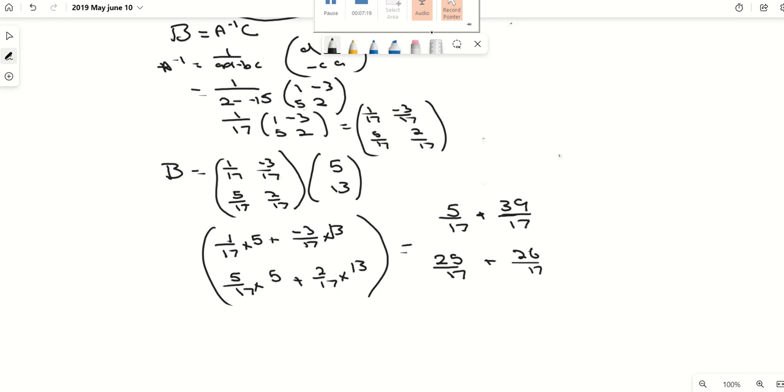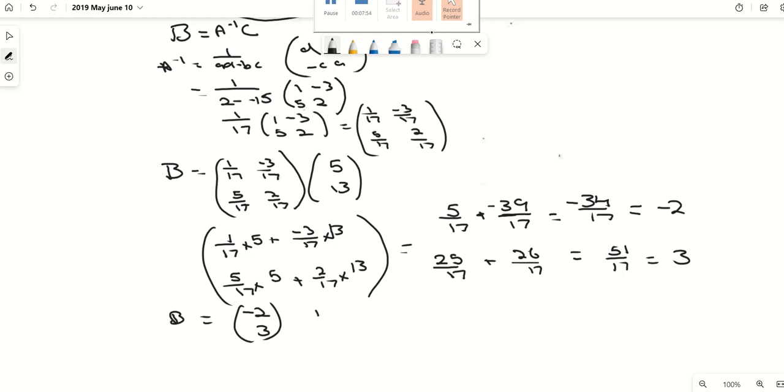And then 5 fives are 25 plus 13 by 2 is 26 over 17. So this would have been minus 34 over 17, which is equal to negative 2. And this one would have been 25 plus 26, which is 51 over 17, which equals 3. So B is equal to negative 2, 3.